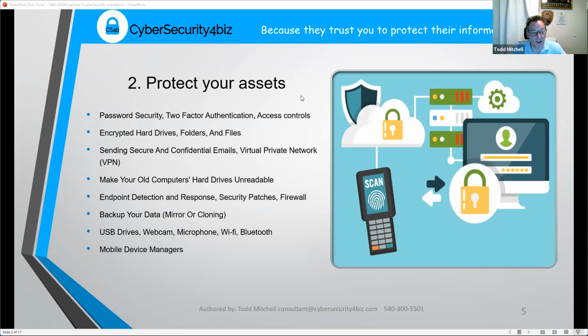And backing up your data, there's several different kinds of backups. You'll hear some buzzwords like mirrors and cloning, or some of them are called incremental backups. And the differences in them: one backs up your entire hard drive, the other one backs up certain important software, and the incremental ones only back up the things that have changed since the last backup, so it doesn't use as much space.